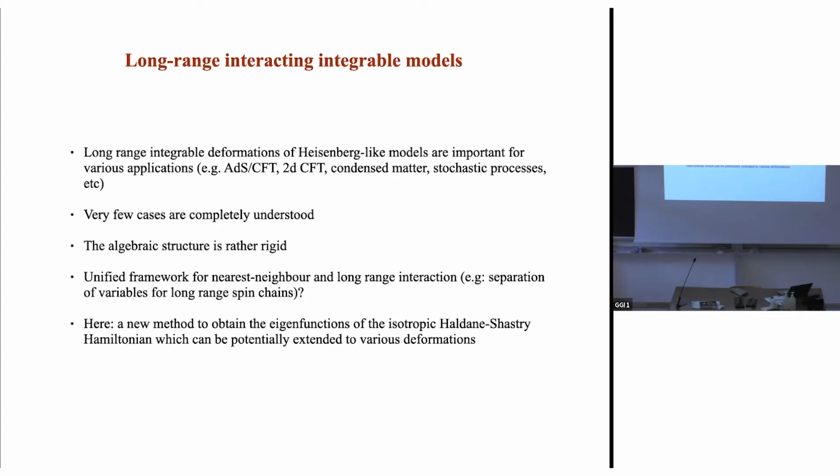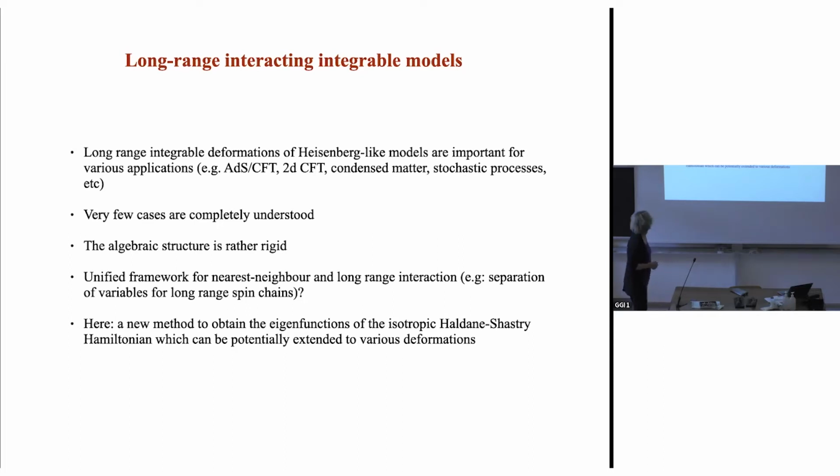So one of the things that I am interested in is to understand how to connect the methods we use for nearest neighbor interacting spin chains, like the Heisenberg spin chain, and the long-range interacting spin chains. And one of the topics that is interesting is to see how the method of separation of variables works for the long-range versions of the spin chain.